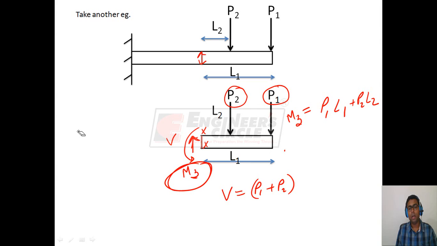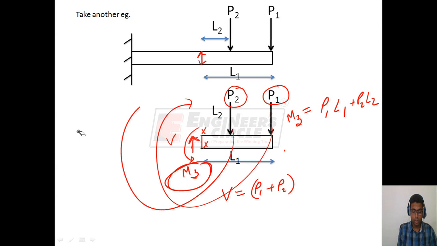Since P1 L1 and P2 L2 are acting in clockwise direction about cross section X, therefore MZ must act in anti-clockwise direction about cross section X.